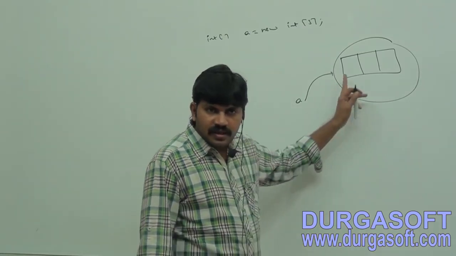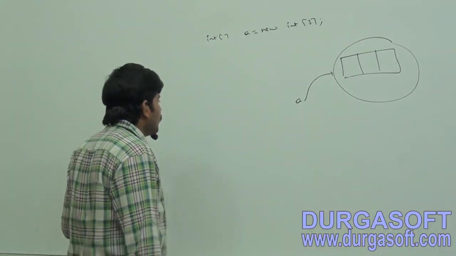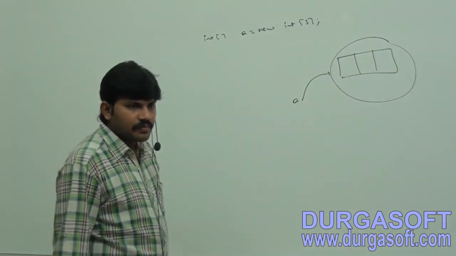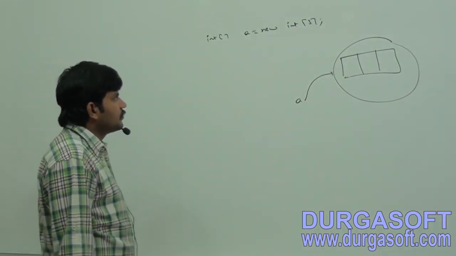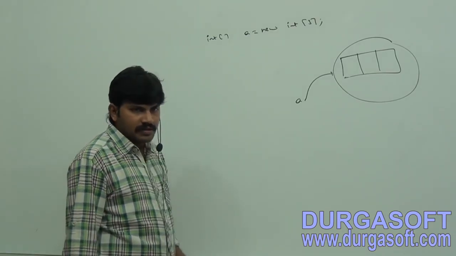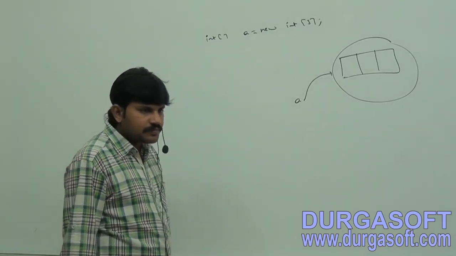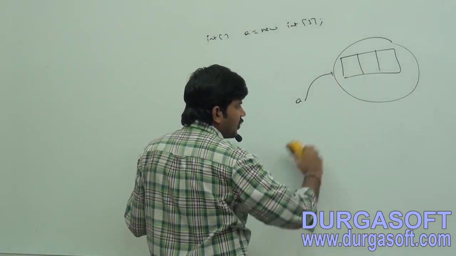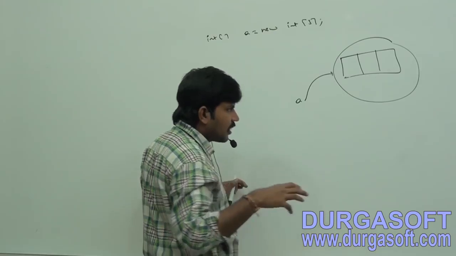I hope that is clear, right? Now a is a reference variable for that. Make sure: int[] a = new int[3], like this. Next, you have to take this diagram also, so that you should feel it is an object.